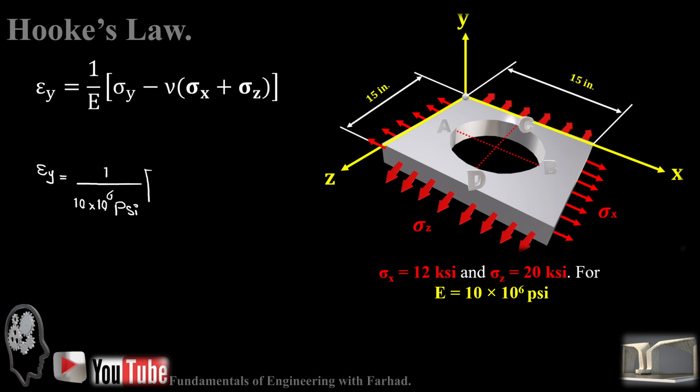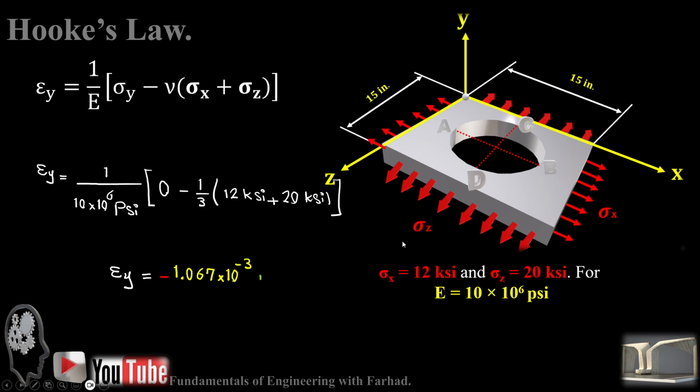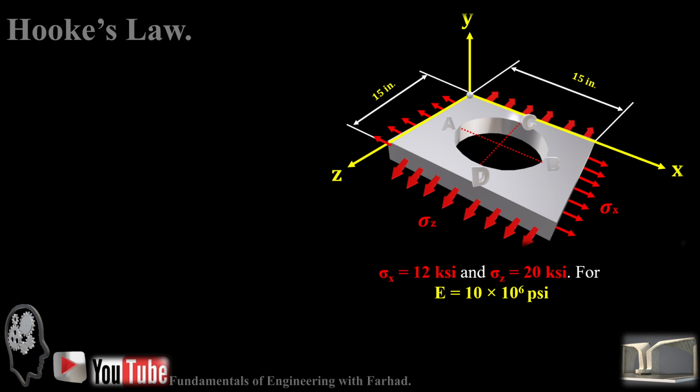Epsilon y, you can calculate likewise: sigma y is 0, there is no stress in the y direction, minus Poisson's ratio times sigma x, which is 12 ksi, plus sigma z, which is 20 ksi. Do the math, and epsilon y is negative 1.067 times 10 to the negative 3 inches per inch.